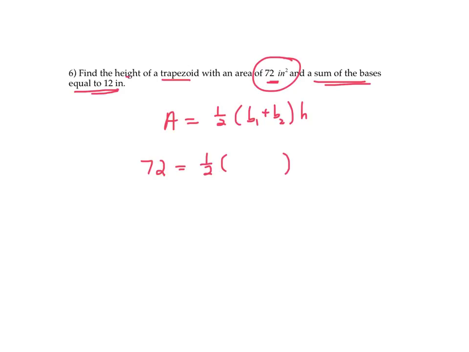Now in here we're not told the bases individually, but we are told that the sum of the bases is equal to 12 inches, so just put 12 in there for b1 plus b2, and then we're solving for the height. So take half of that 12, we get 6 times the height, and then just take and divide both sides by 6. 72 divided by 6 leaves us with 12. And the units on there, inches.